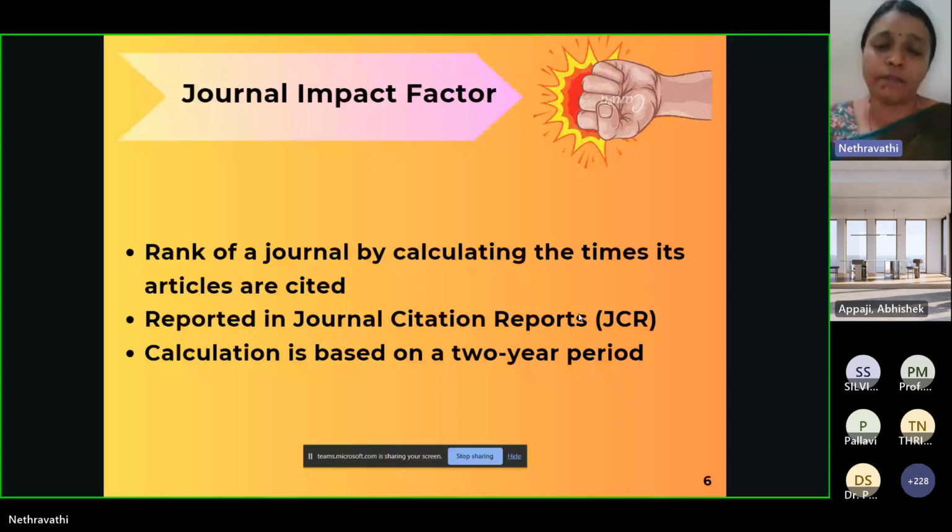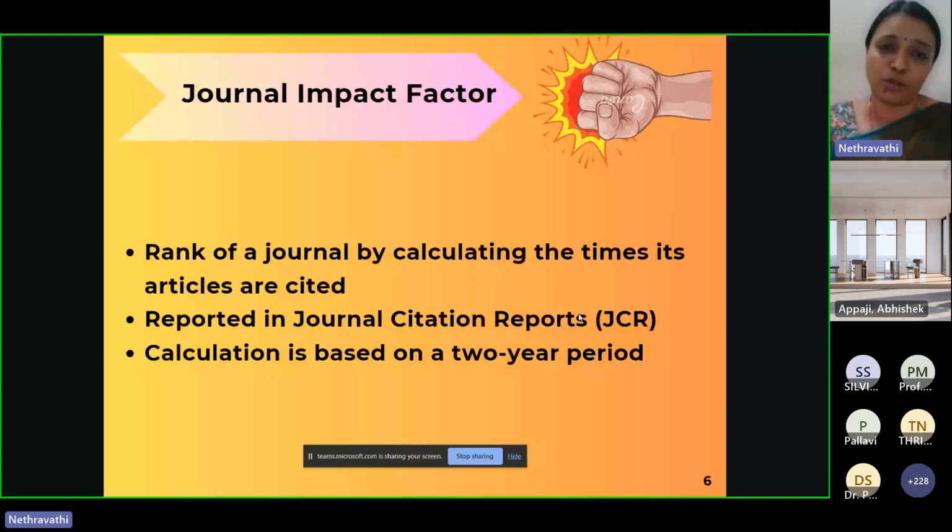Okay. So where can we find this journal impact factor? We can find it if we go to the home page of any journal of your choice, or of your field. For all the journals, the impact factor will be mentioned there.